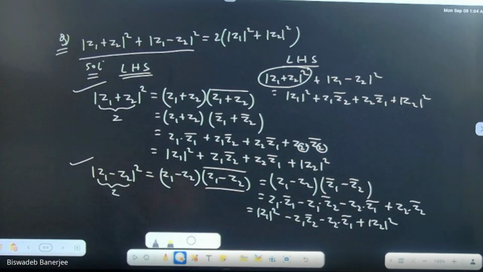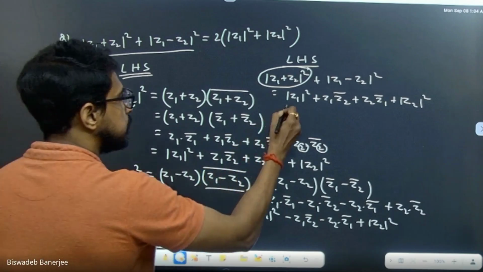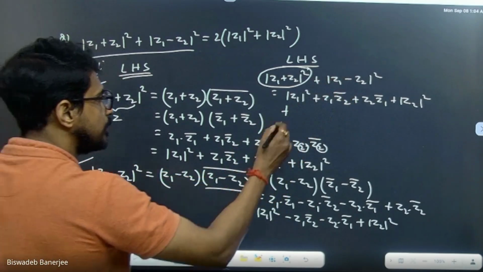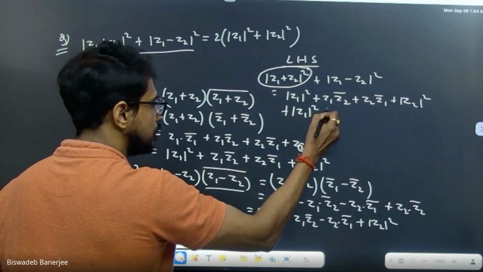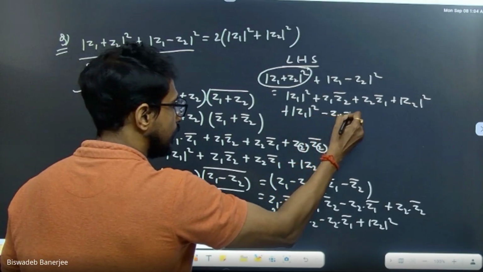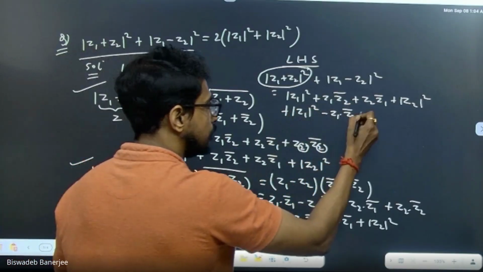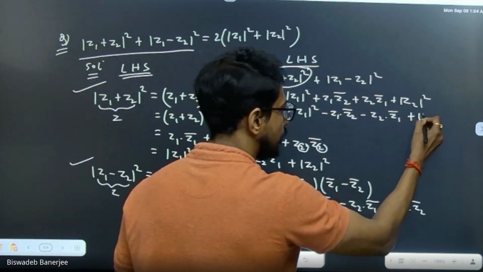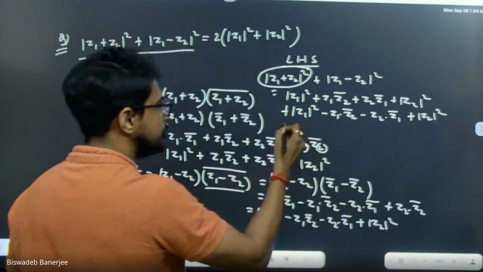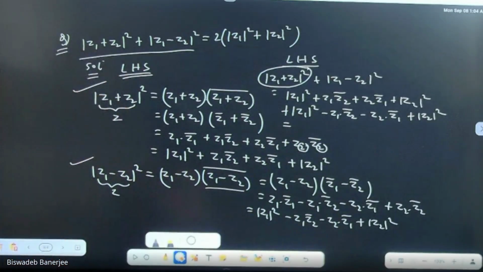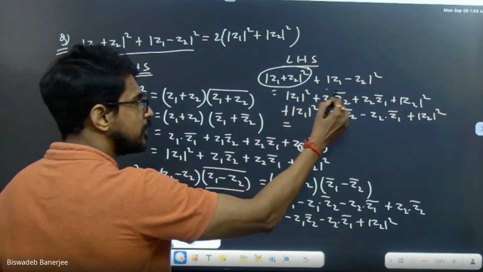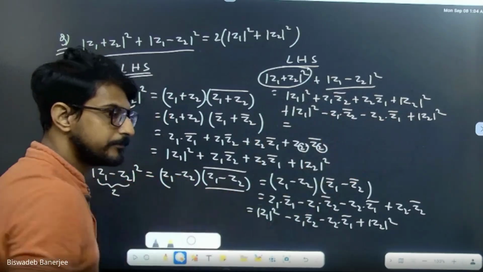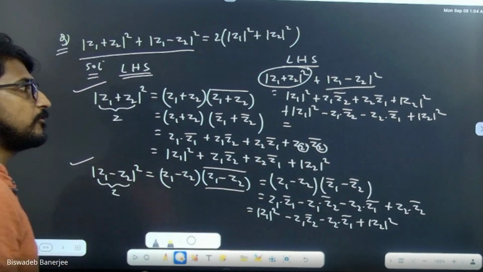And mod Z1 minus Z2 whole square will be mod Z1 square minus Z1 into Z2 bar minus Z2 into Z1 bar plus mod Z2 whole square. Just substitute their respective values. The value of this is these four, and the value of that is these four.